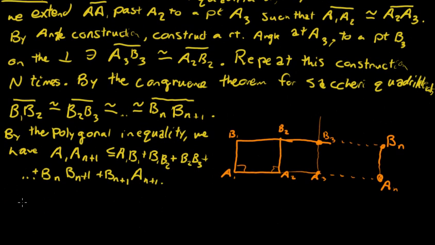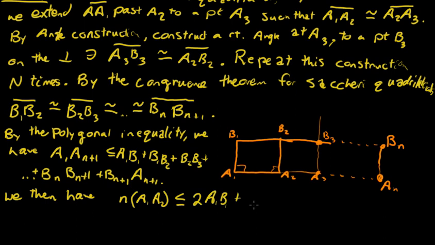Almost done with this. We can say that we then have n times A sub 1, A sub 2 is less than or equal to 2 times A sub 1, B sub 1, 2 times that length, plus n times the length of B sub 1, B sub 2.